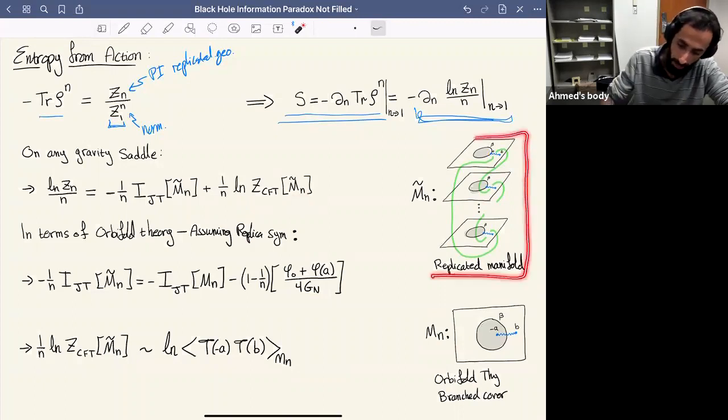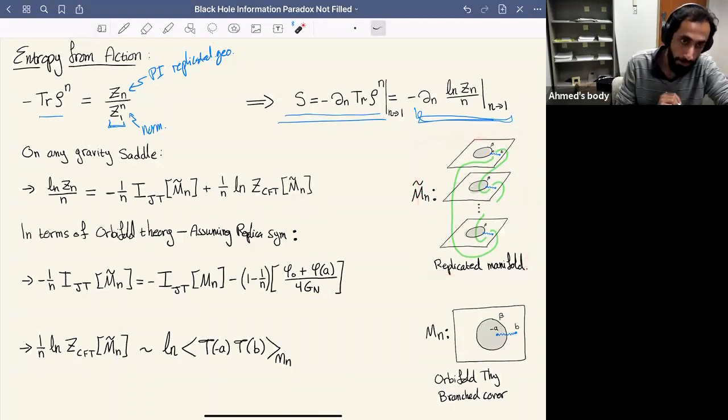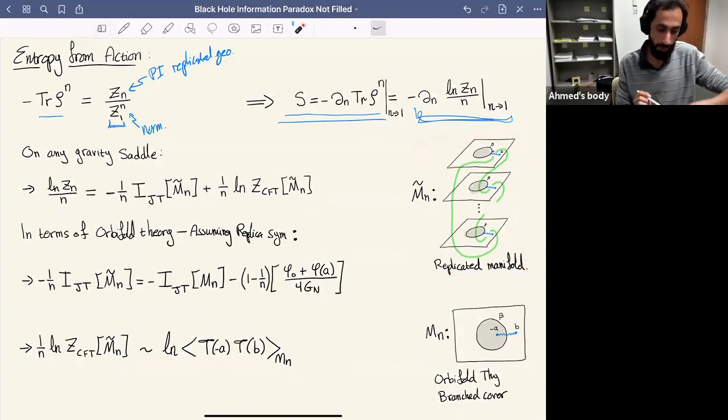That's the replicated manifold, so that's this picture here. But it would be more convenient to express everything in terms of the orbifold theory, where we assume replica symmetry. The reason is the following.